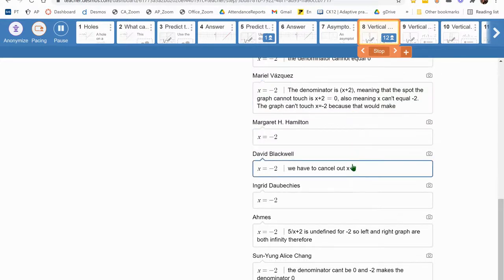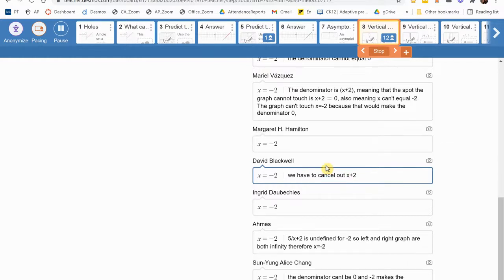And we're no longer canceling. So holes required the canceling. For asymptotes, they don't. And in fact, they're like the half of a hole. That's kind of funny, the half of a hole, get it? Half of a hole, okay.